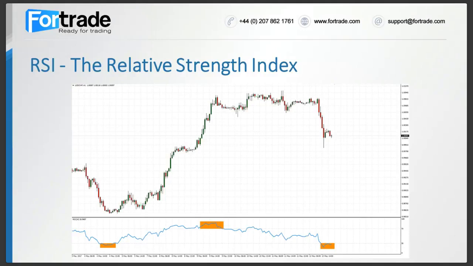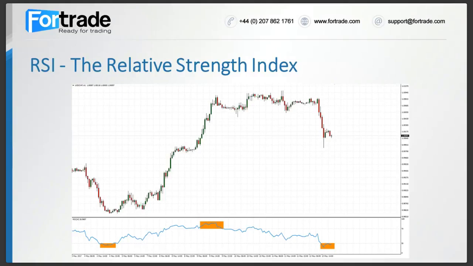Some traders, in an attempt to avoid false signals from RSI, use more extreme RSI values as buy or sell signals, such as readings above 80. So here we mentioned 70, and they're using 80, or below 20 instead of 30. So that should indicate oversold or overbought conditions.